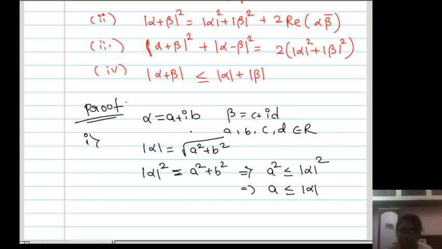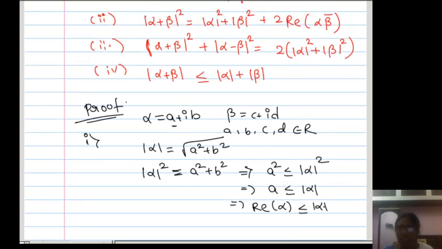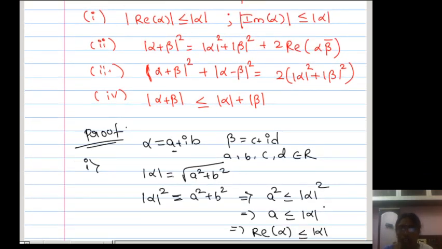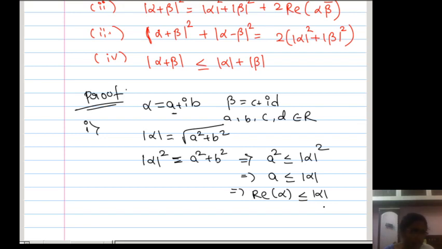What is a? Real part of alpha. So real part of alpha is less than or equal to mod alpha. I think we put this only, no? See, real part of alpha is less than or equal to mod alpha. So now I am taking mod. Why?